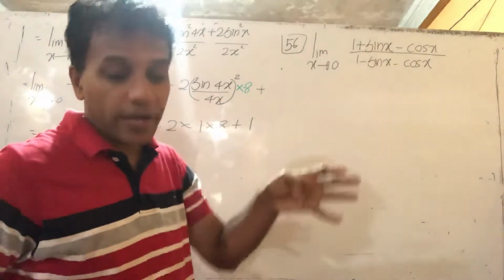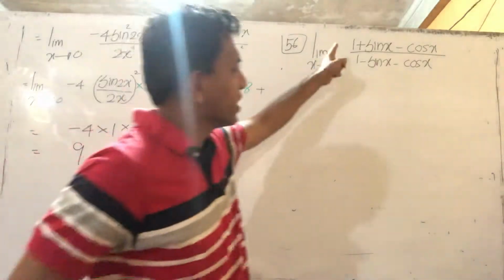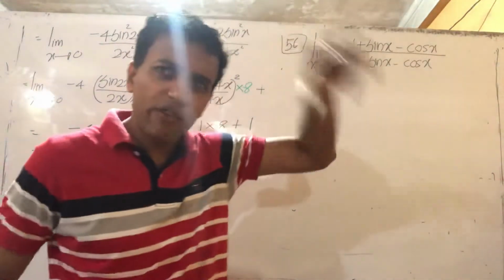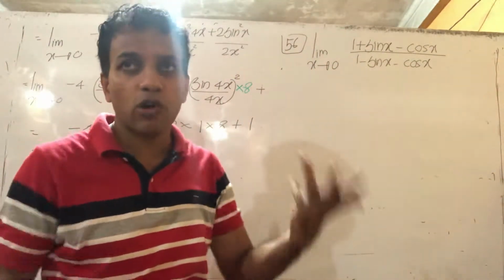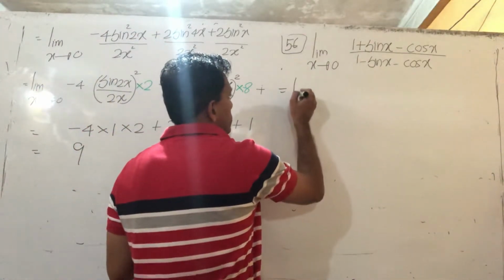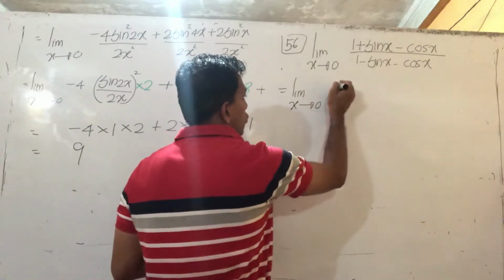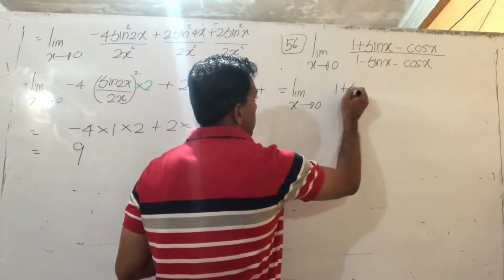Cos x is 1 minus 2 sine square x by 2, like that. Also try if you clear 1 minus cos x. You can write for 1 minus cos x also, whatever you follow, that matters. So there is limit x tends to 0, 1 plus sine x.